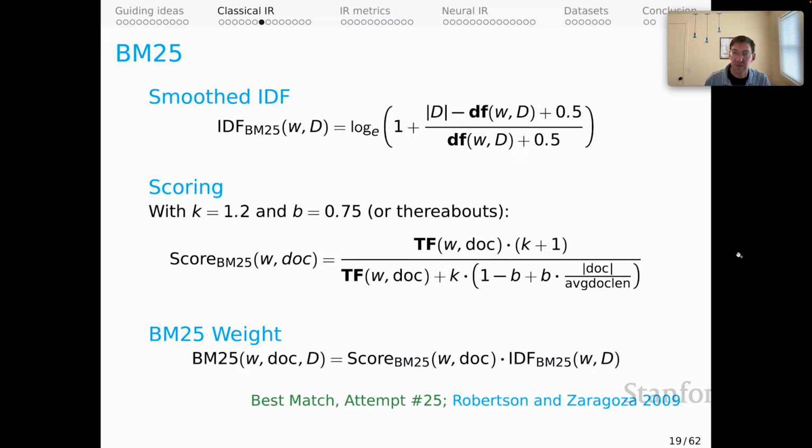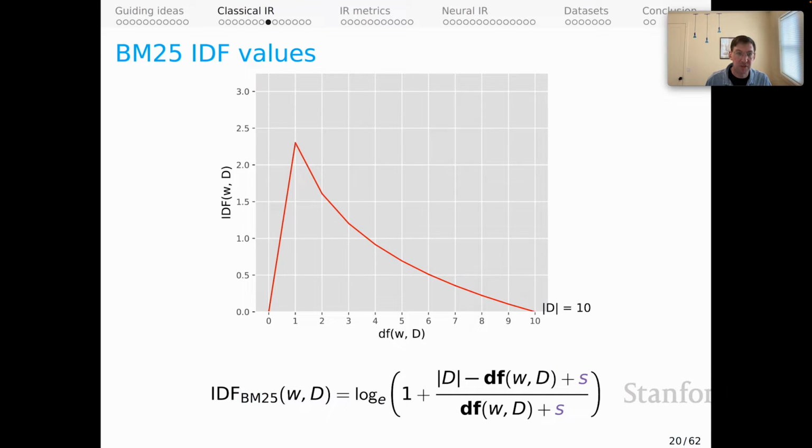Let's take a look at the individual components in a bit more detail, starting with IDF. What I have on the slide here is the IDF plot that I showed you previously from the TF-IDF definitions, and then I have the BM25 variant of that at the bottom here. And what I've done is just emphasize that this S value here is standardly set at 0.5, but we could in principle adjust it.